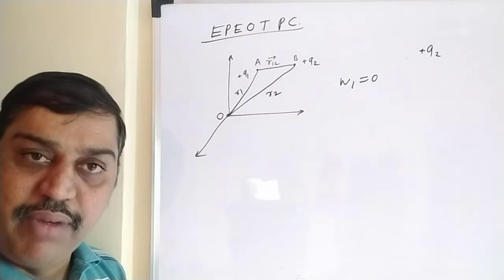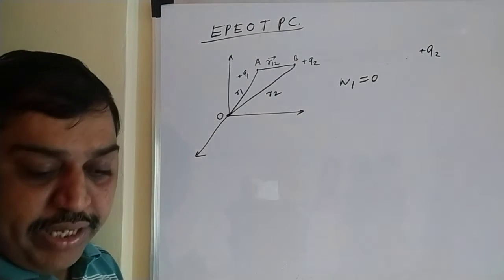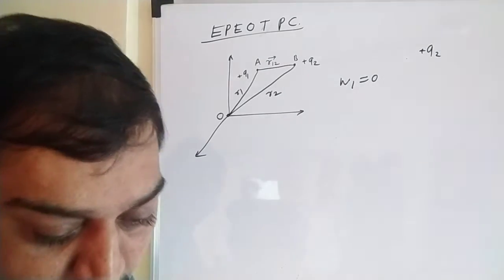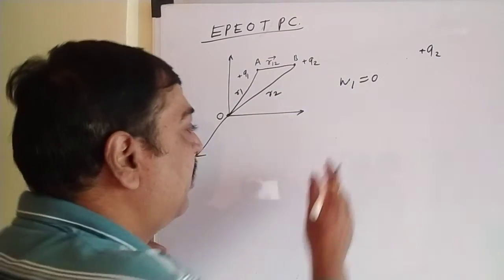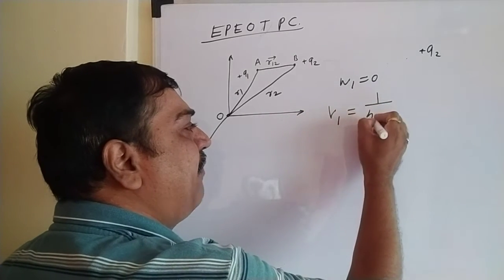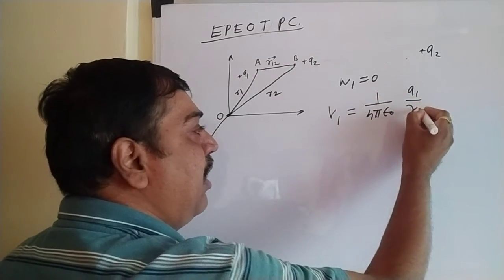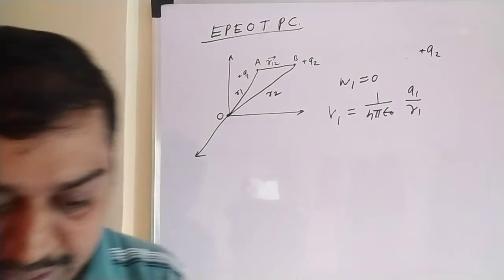Before writing the work done, first write the electric potential to bring the charge Q1 from infinity to point A. That electric potential, suppose V1, equals 1 divided by 4 pi epsilon 0 times Q1 divided by R1.